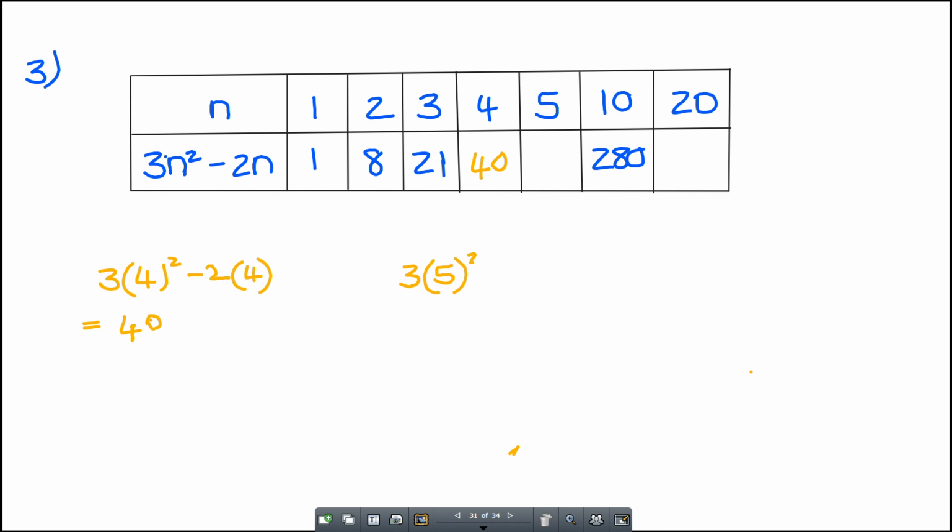Sorry, 5 to the power of 2 minus 2 times 5. That gave you 65. Okay, let's substitute in the last one. So 3 times 20 squared, minus 2 times 20.